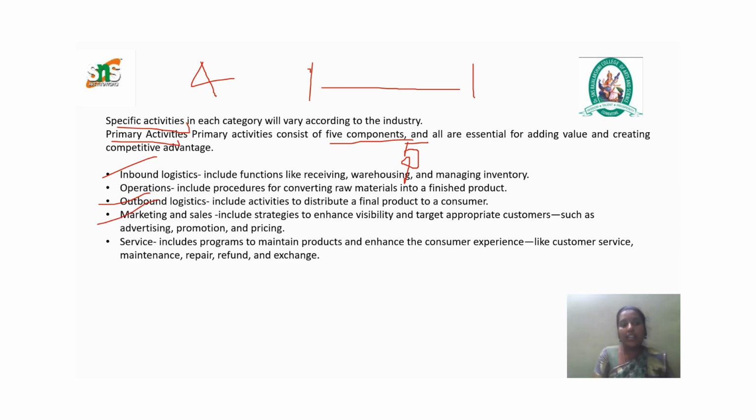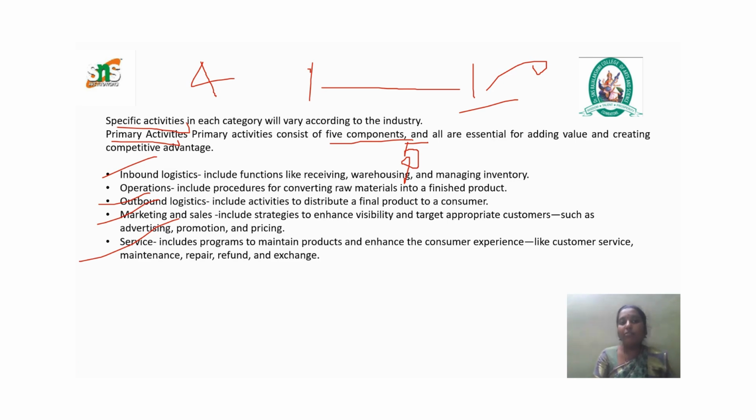Marketing and sales is making a marketing idea and strategic plan through advertising, promotions, or pricing strategies to take the products to the customers. And service is, after taking the product to the end customers, any kind of service activity that we provide, including repairs or reinstallation, to the customer.